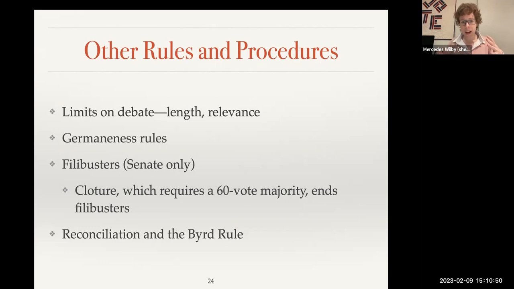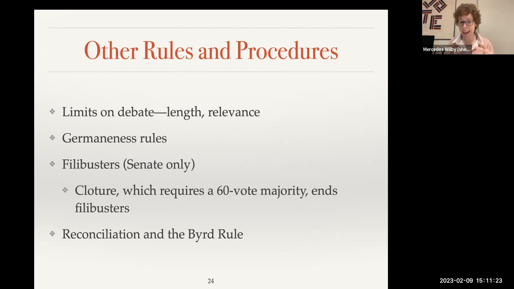Now, I've been again saying minority rights, preventing tyranny of the majority, but for what it's worth, the most famous filibuster was actually Strom Thurmond, who was filibustering the Civil Rights Act. So again, we want to separate this from the notion of minority rights as we think about that term today and think about it as just this idea of a majority faction and a minority faction, like the Federalists, especially Madison, were talking about.